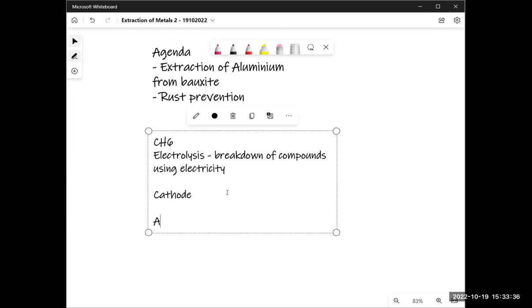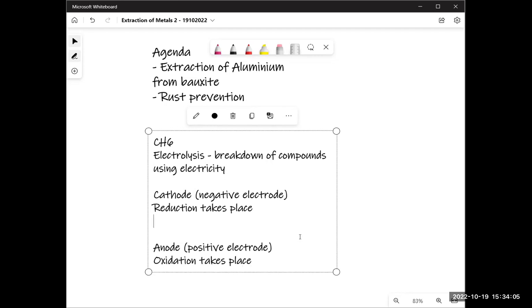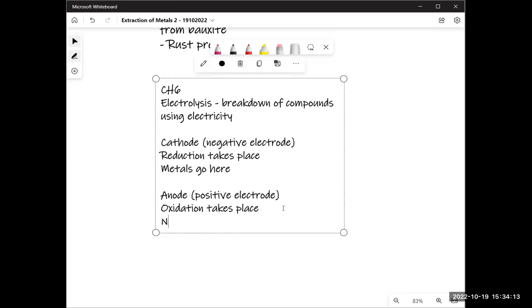You have two things, cathode and anode. Cathode is called the negative electrode, and anode is the positive electrode. The reduction takes place, oxidation takes place. Metals go here, non-metals go here.